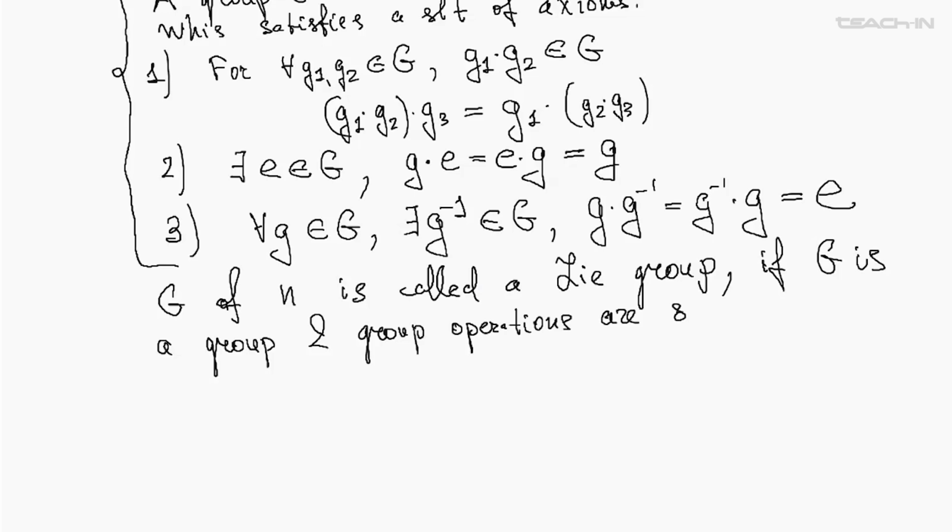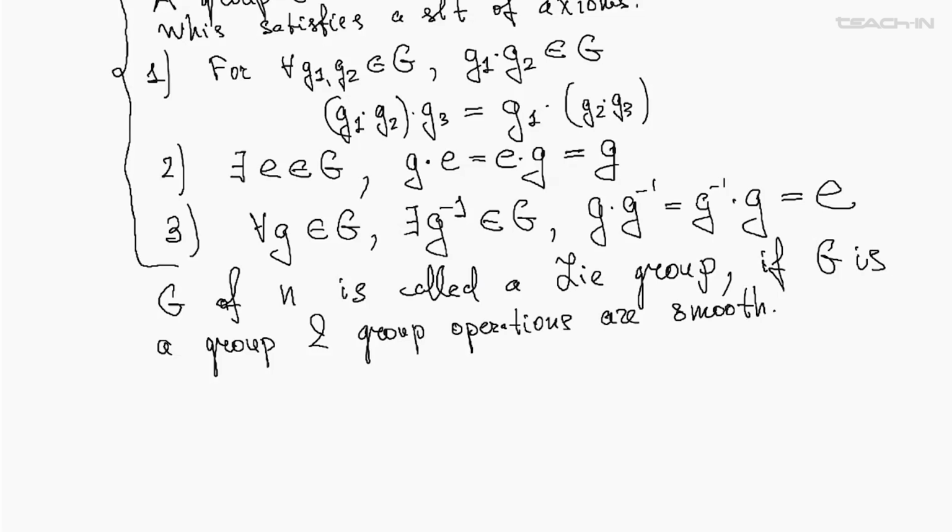In other words, a Lie group is a group which is at the same time a smooth manifold, and the group operations are smooth.